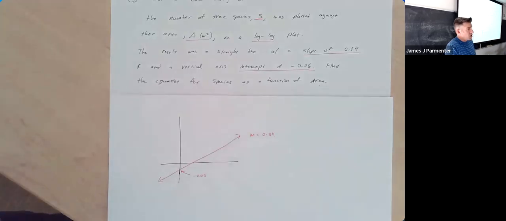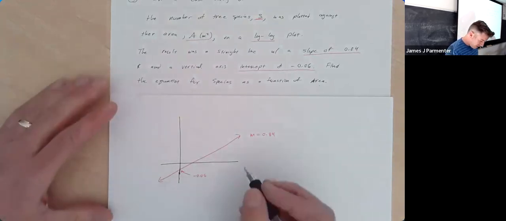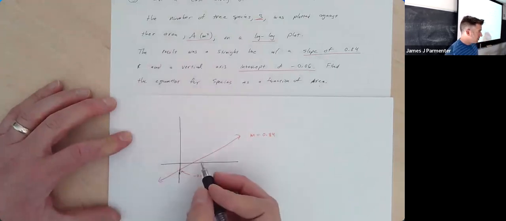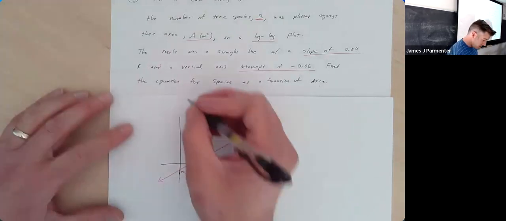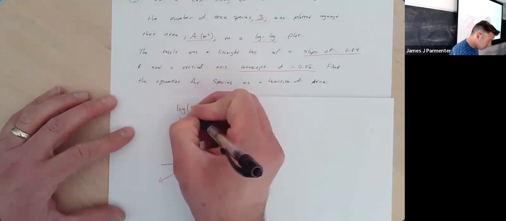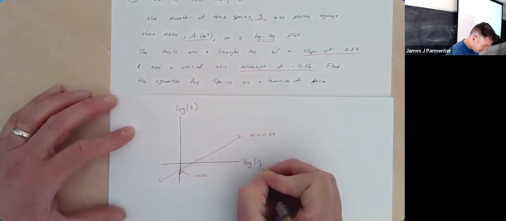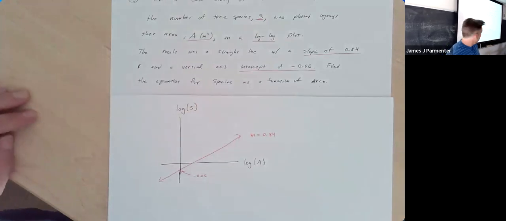So the thing that's the function of the other thing is typically your vertical axis, and the input thing is typically your horizontal axis. So I'm thinking of this as being the species axis, and this as being the area. But it's really not just species, it's log of S. And this one is going to be log of A. That's what we really have here.